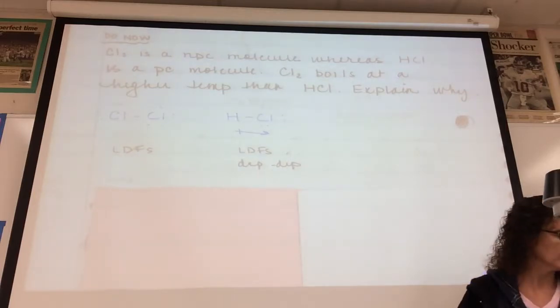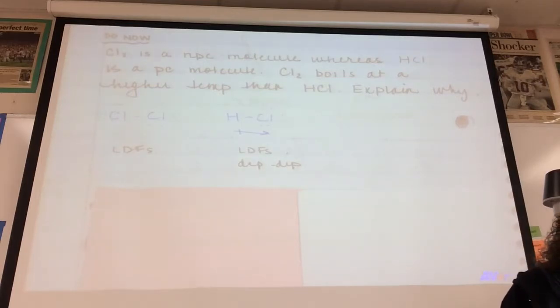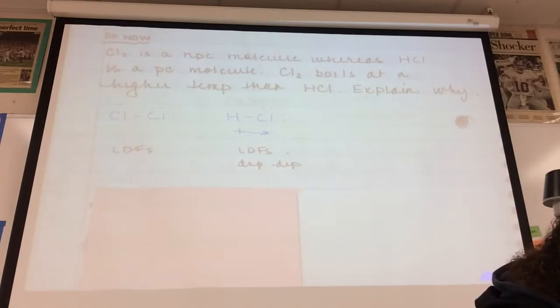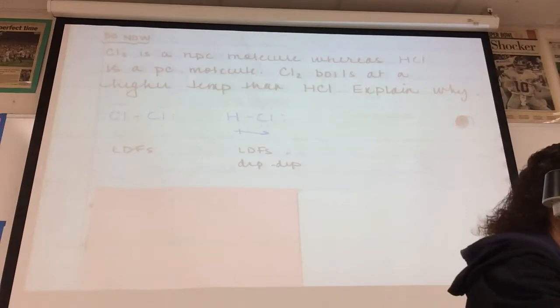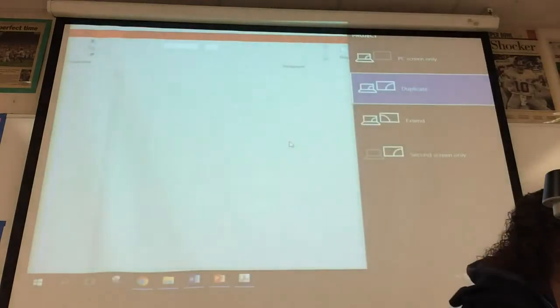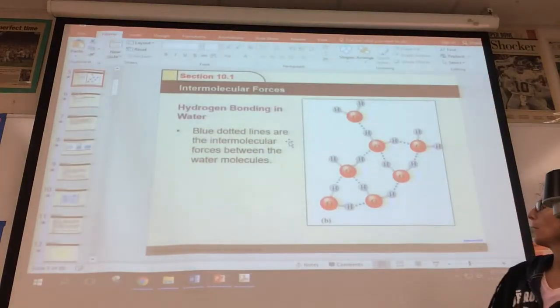Last time we talked about water in regard to the fact that water exhibits hydrogen bonding. I do have a schematic here that will help you in regard to hydrogen bonding. First thing I want you to see in regard to hydrogen bonding is shown right here.